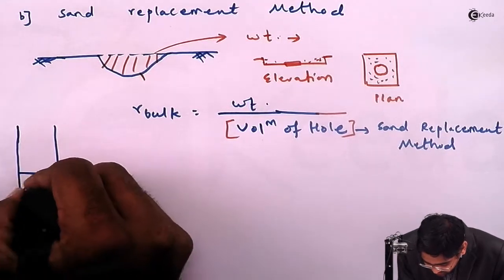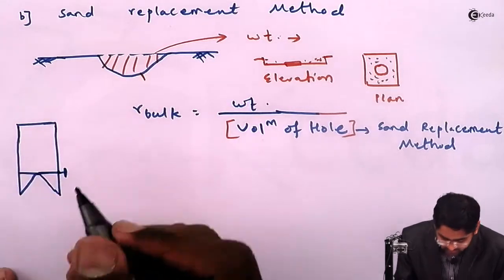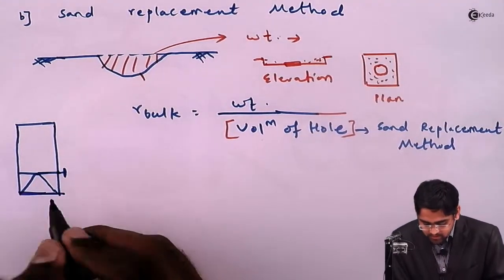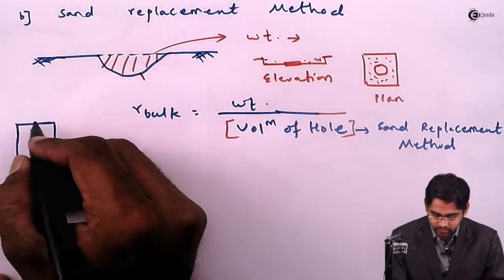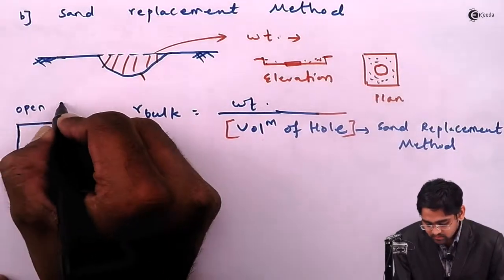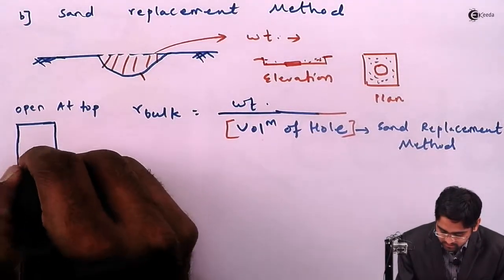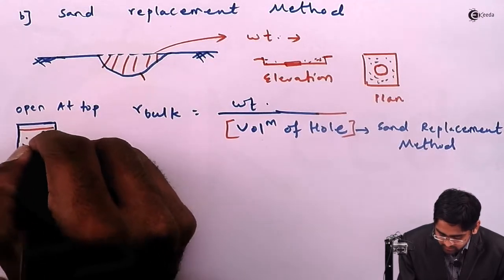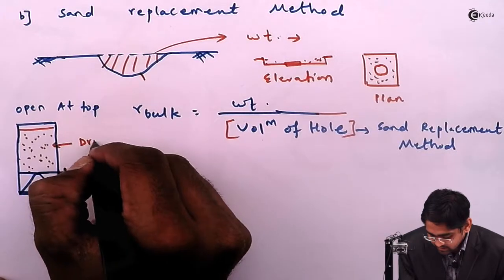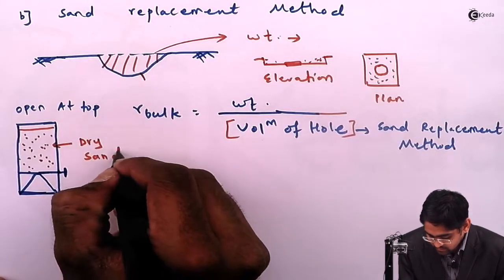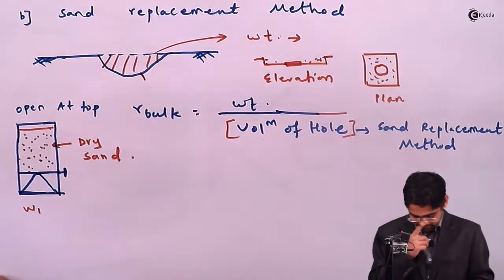and it has got a flap at this location, or I'll call it a wall at this location. So this container is open at top, and you will place sand inside it, up to a certain level. You will place dry sand, and you will take its weight as W1.